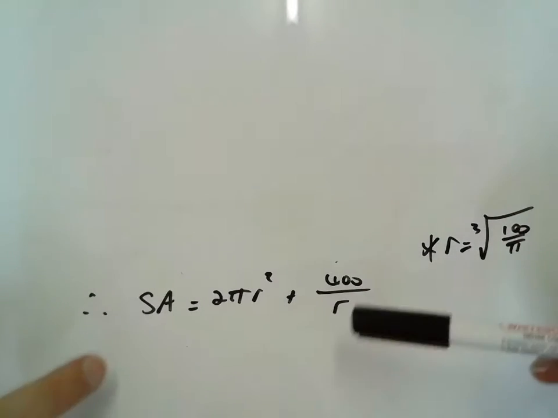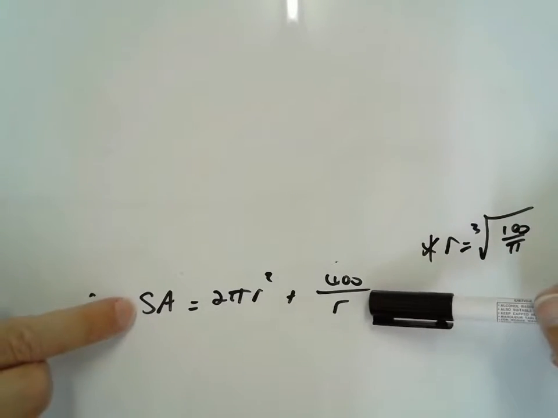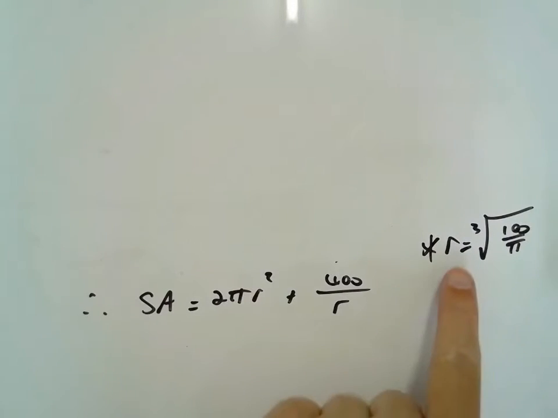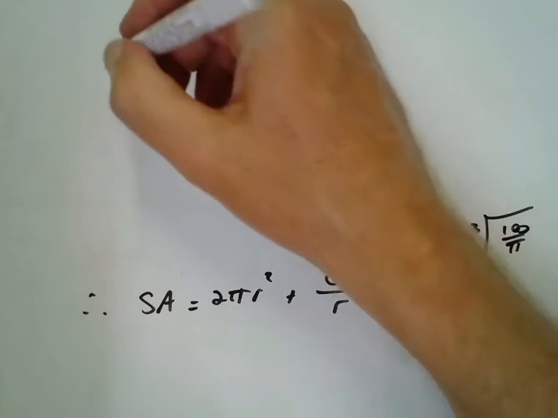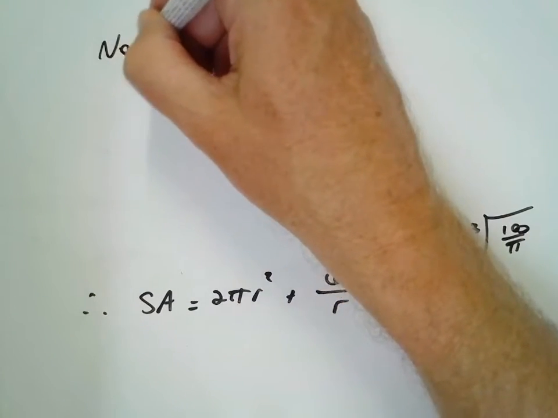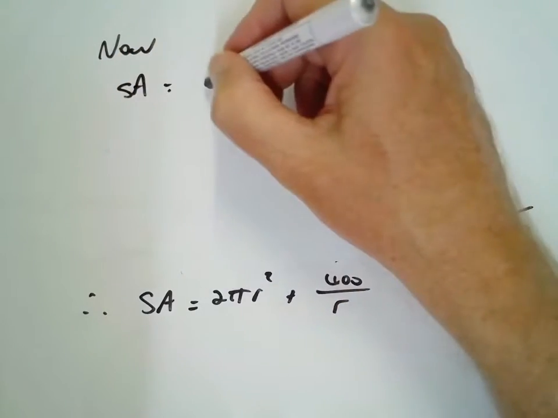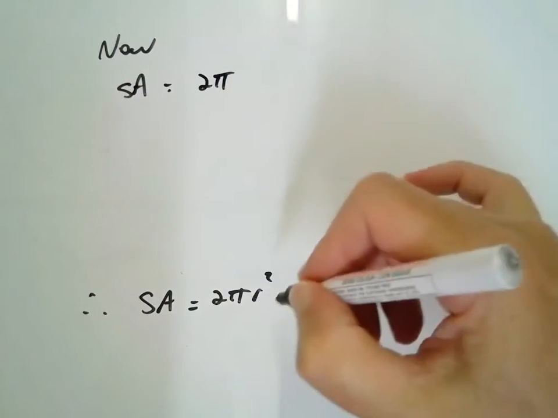So I was hunting for a function that said surface area equals, and now that I know my radius that gives me the minimum surface area, my surface area is 2 pi times r squared.